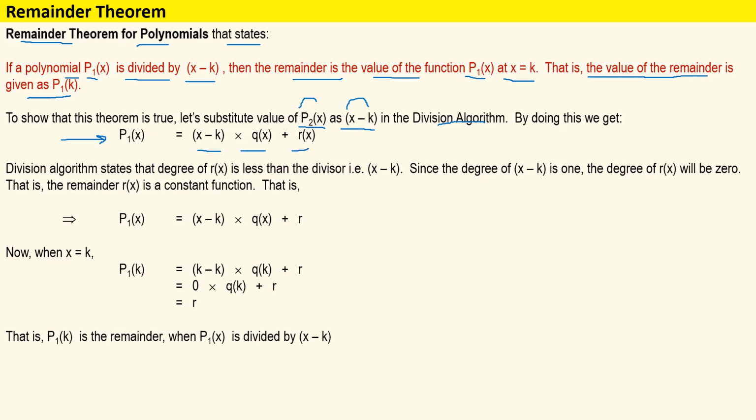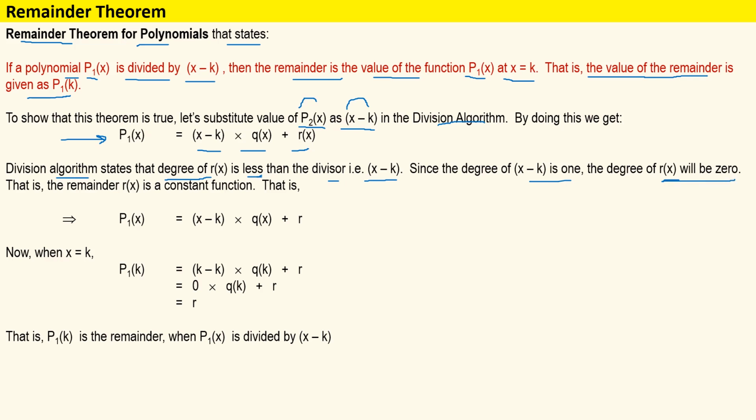We also know that the division algorithm states that the degree of r(x) is less than the degree of the divisor. Here our divisor is x minus k, which has degree 1. Therefore, the degree of r(x) has to be less than 1, so the degree of r(x) has to be equal to 0.